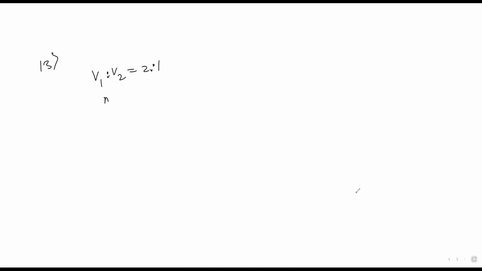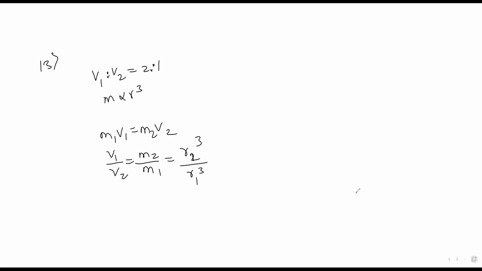So mass is directly proportional to volume. According to law of conservation of momentum, M1 V1 is equal to M2 V2 we are writing. Therefore, V1 by V2 is equal to M2 divided by M1 is equal to R2 to the power of 3 divided by R1 to the power of 3.